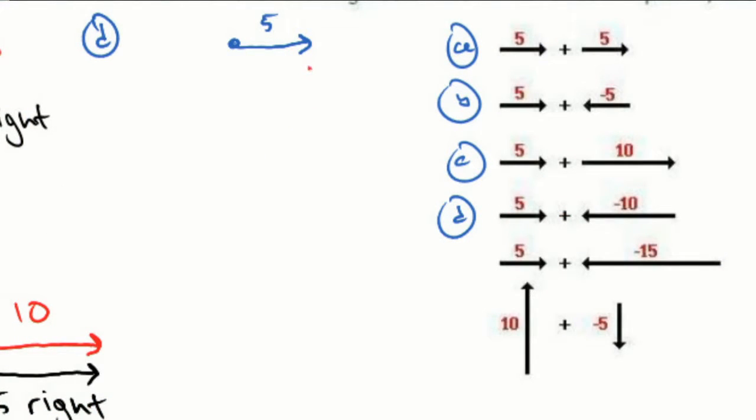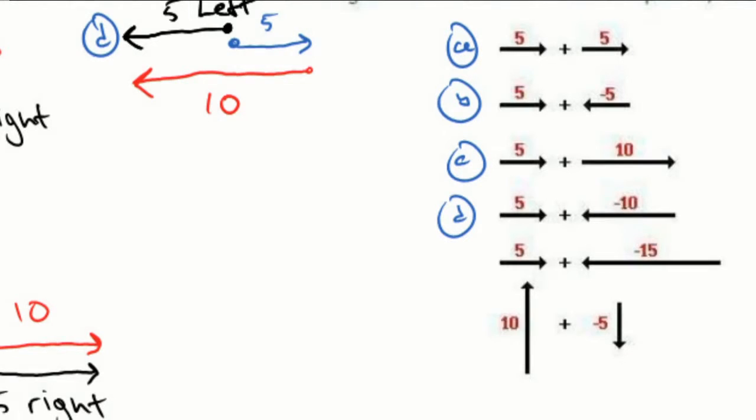And my second arrow is actually going to go past where I initially started. So if I were to draw a resultant, if I started here and I ended there, that's 5, and this is to the left. So that's a bit of a tricky one, letter D. 5 to the left.